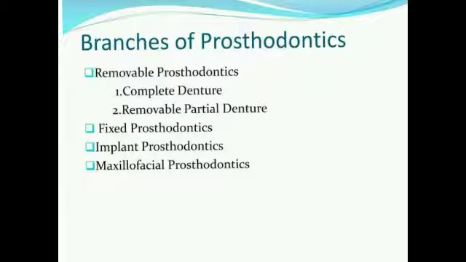Extracoronal partial dentures use external attachments which encircle the existing teeth for retention and stability. Intracoronal partial dentures use internal retentive components which get locked into the tooth to produce retention and support.